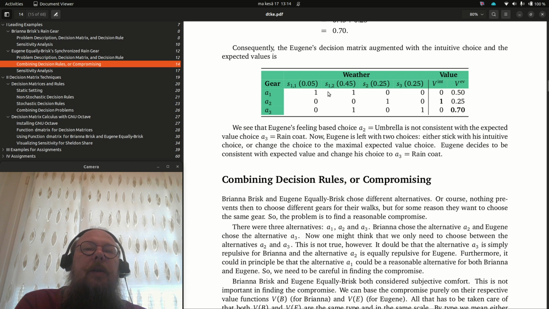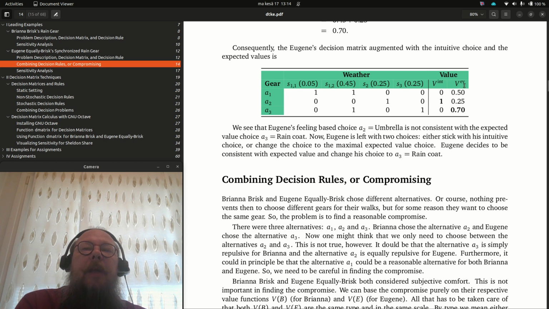This is the decision matrix that we have decided. Again, this was the creative part of this analysis. Then this was the intuitive choice, so V int 0, 1, 0, so it's just 1 for the intuitive choice and zeros for all else.